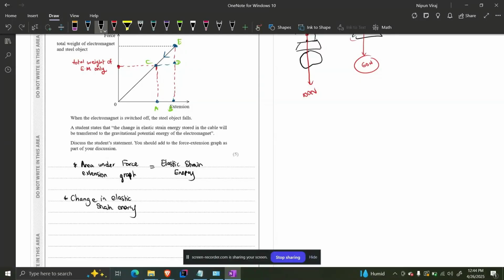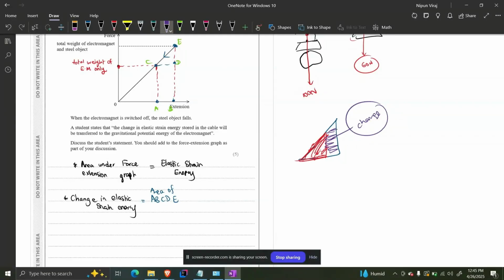It will be the area of ABCD, right? Because initially the elastic energy is this much. Finally, what is the elastic energy? This much. Okay, so this is the change.